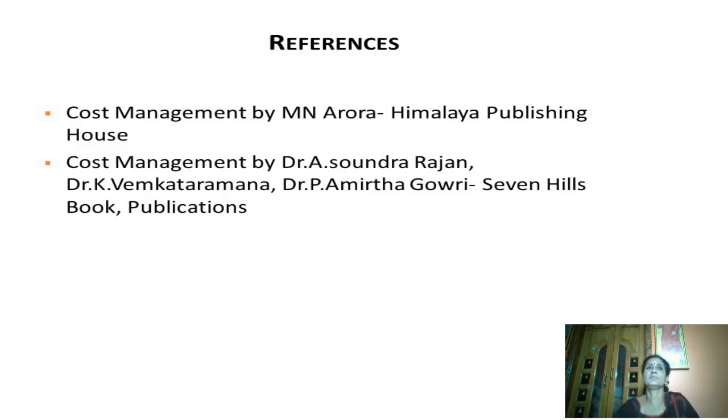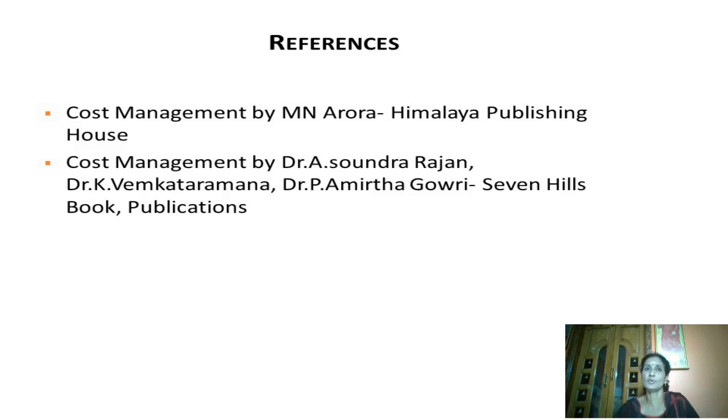Suppose suddenly there is demand. Now, in summer, there will be more demand for cool drinks like Pepsi, Coca Cola, Miranda, or whatever it is. So at that time, the production department will hire more laborers to manufacture more units. Since the demand is more, if the available workers are not able to cope up with the production, they will try to hire more workers.